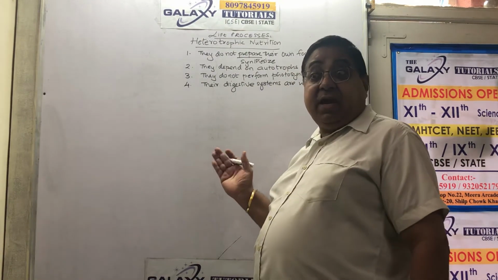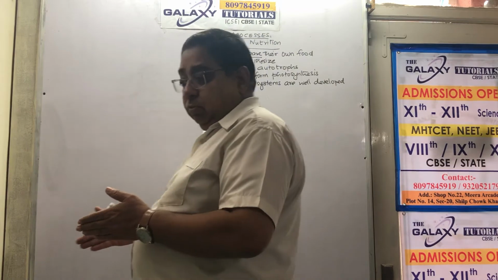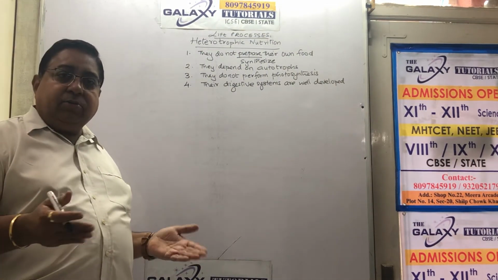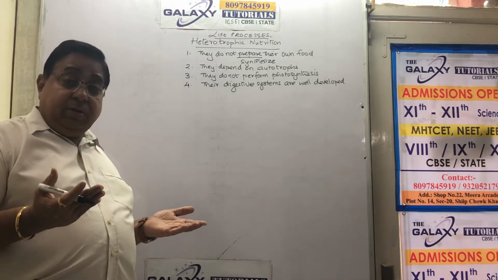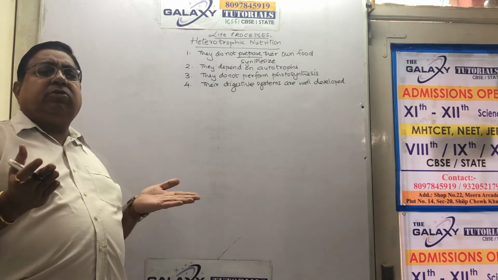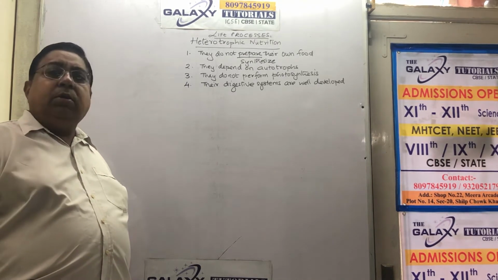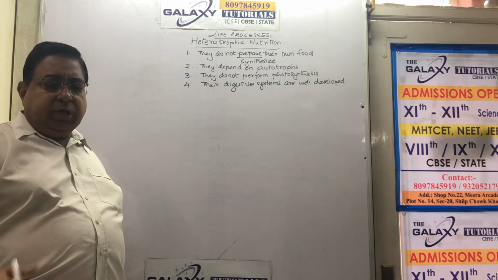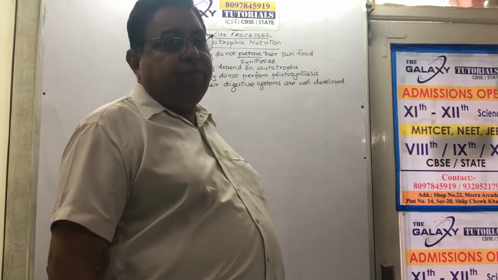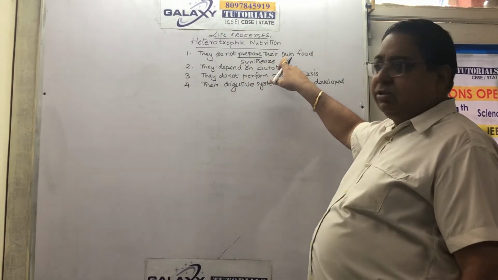Some are parasites. They live on other organisms. Parasite examples: tapeworm is there, roundworm is there. So they are living on other organisms for their food. They have a well developed digestive system. If they don't have a digestive system, food can never enter their body. So they have to break it down, assimilate, use this as a raw material because they cannot prepare their own food. So remember: first, cannot synthesize.